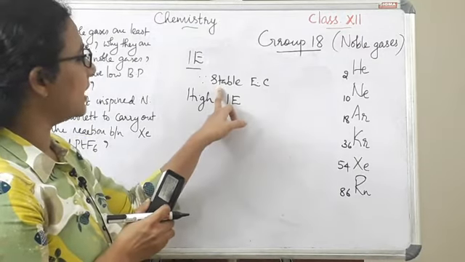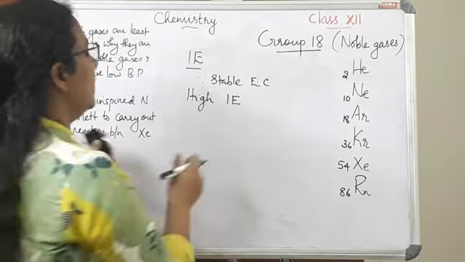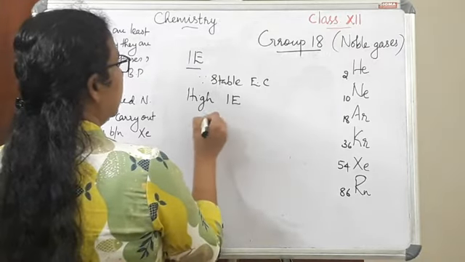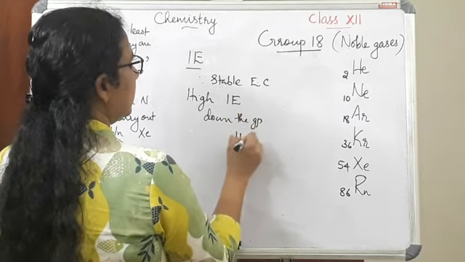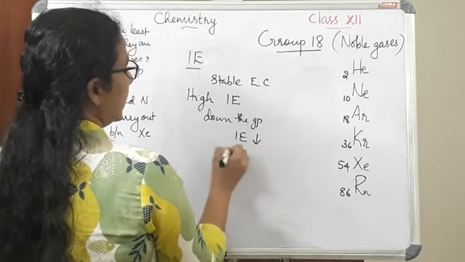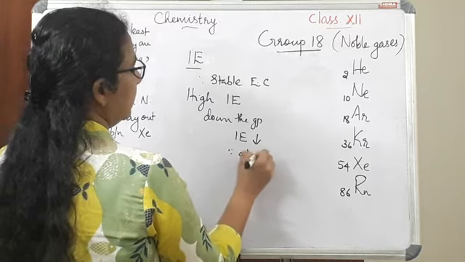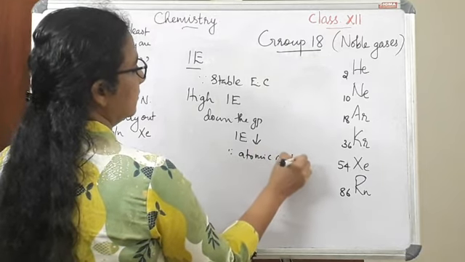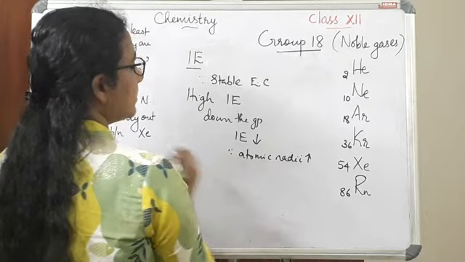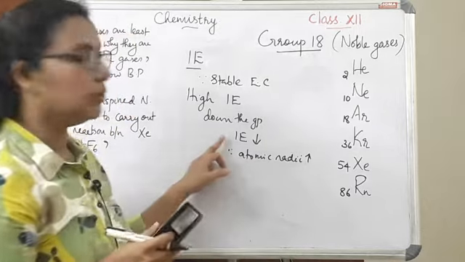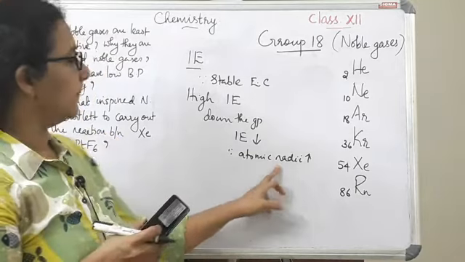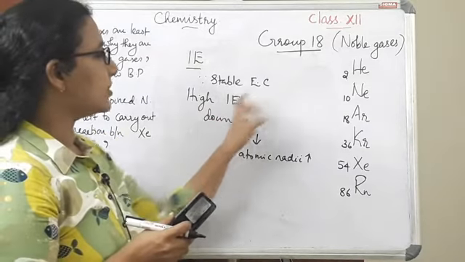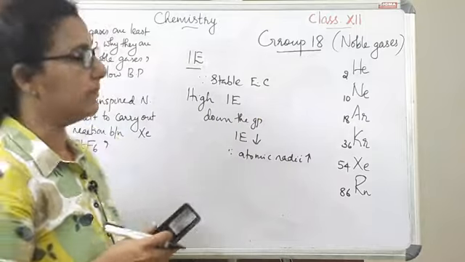Down the group, ionization enthalpy decreases since atomic radii increases down the group. But there is high ionization enthalpy for noble gas elements.